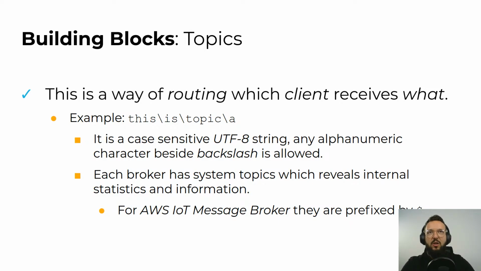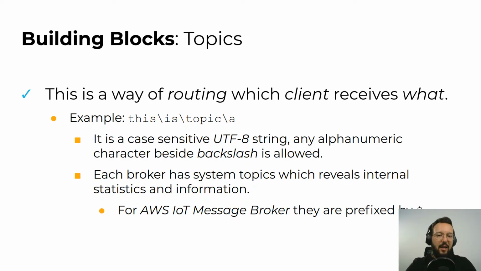So you can imagine that you've got the main root of the whole topic hierarchy, and then device type, location, and then the device ID, for example. That represents the particular device that sends messages of the particular type to those topics.